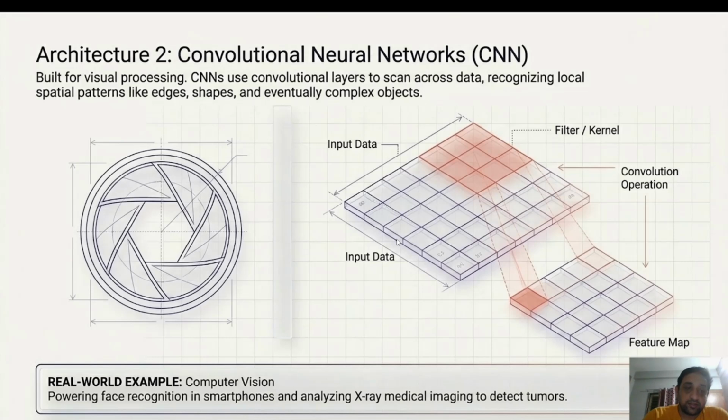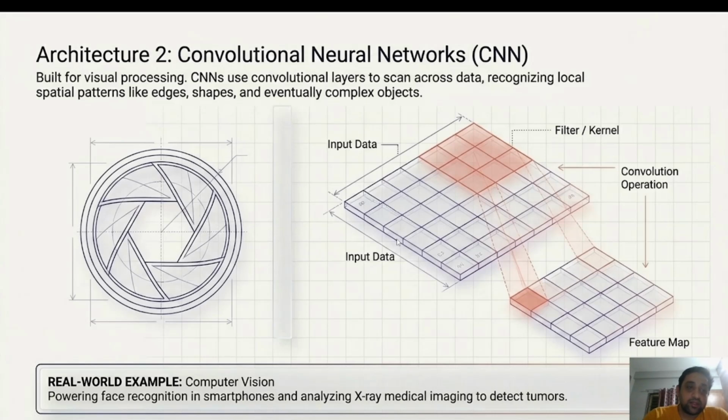Eyes, wheels, letters. If we talk about real world examples, face recognition on your phone. When you unlock your iPhone with Face ID, a CNN is scanning your face in real time. It's not memorizing your photo, it's memorizing the spatial relationships between your facial features: how far apart your eyes are, the curve of your jawline, the shape of your nose bridge.